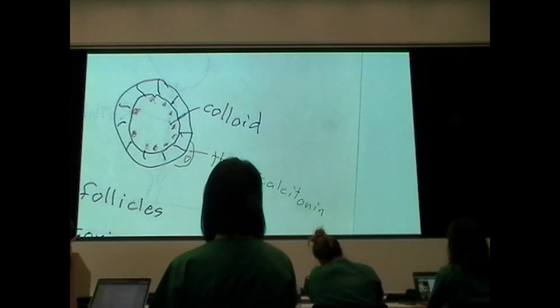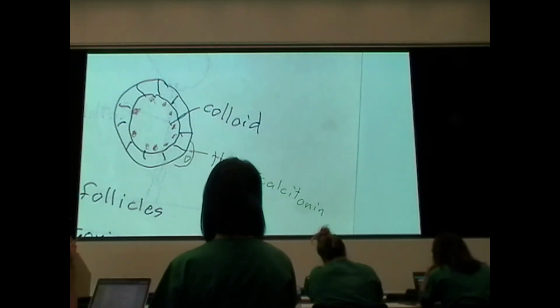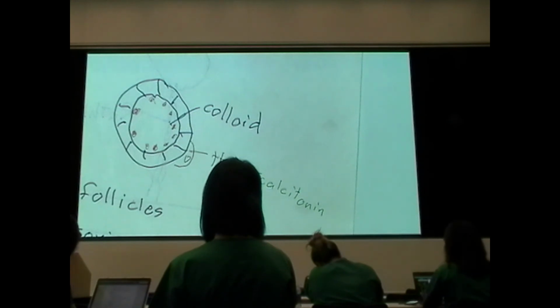Okay. Next time when we talk about the parathyroid gland, I will tell you about some cells in the parathyroid that have an antagonistic effect, that release calcium by turning on osteoclasts and helping to raise the amount of calcium.